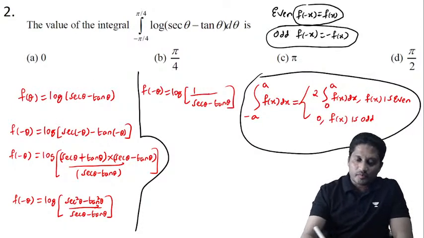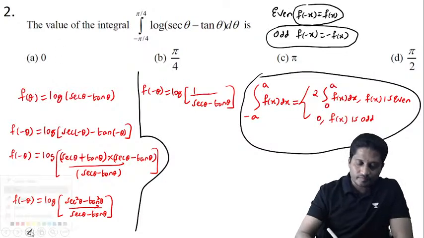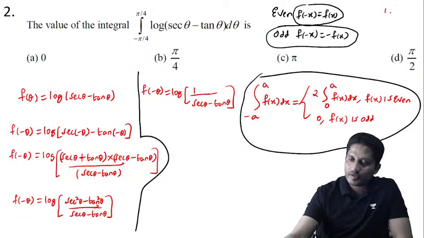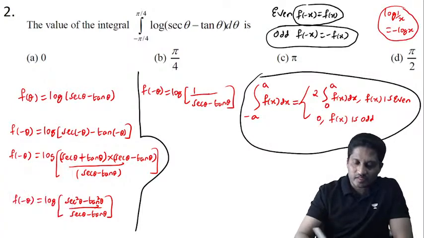Alright, now when you have log of 1 by x, log 1 by x is the same as minus log x. So you get f of minus theta equal to minus log of sec theta minus tan theta.